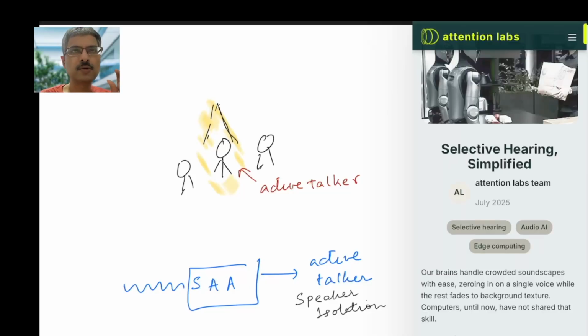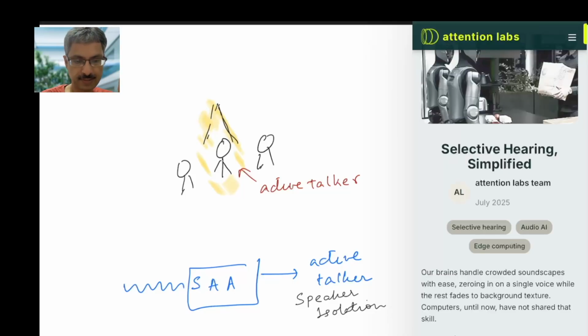Whereas we want the agent to hear only the active talker. This is not natural to machines. Humans have a natural ability to focus on the person who's their active speaker at a point, and ignore the rest of the conversation, even though they do hear it.